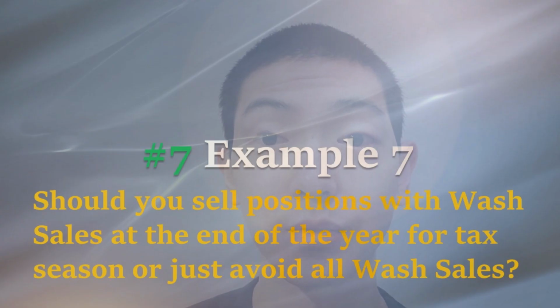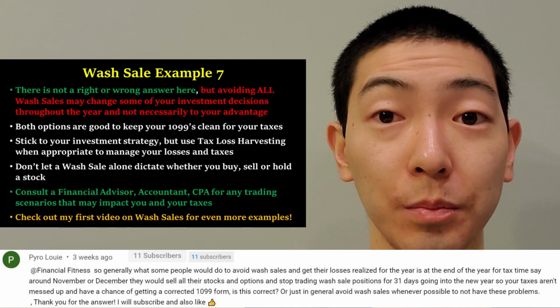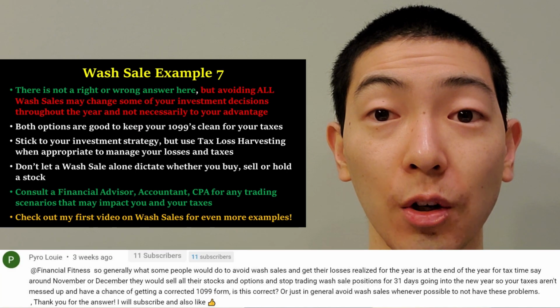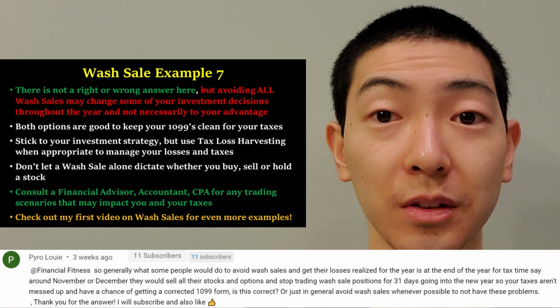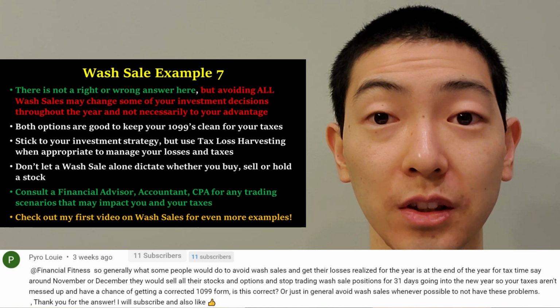The seventh question is, if you want to clear up your trades for tax season and you want to realize your losses for the current calendar year towards the end of the year around November or December, should you sell your stocks and options and stop trading all wash sale positions for 31 days going into a new year, or is it better to avoid wash sales whenever possible to not have these problems? Both are definitely good options to keep your 1099s clean for your taxes.